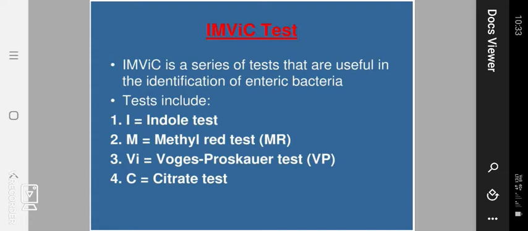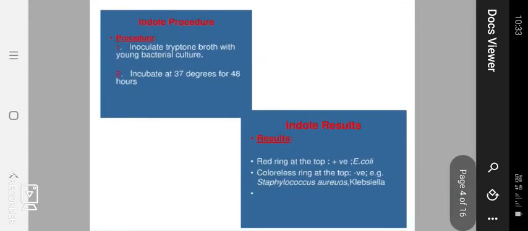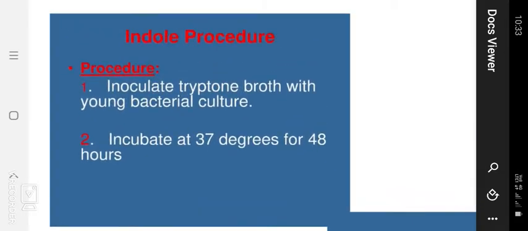Now we start with indole medium. Tryptone broth contains extracellular tryptophan. These are the principles of the indole medium. The procedure of the indole test: inoculate tryptone broth with the young bacterial culture.